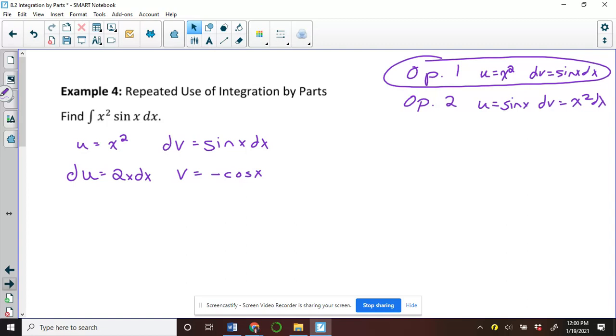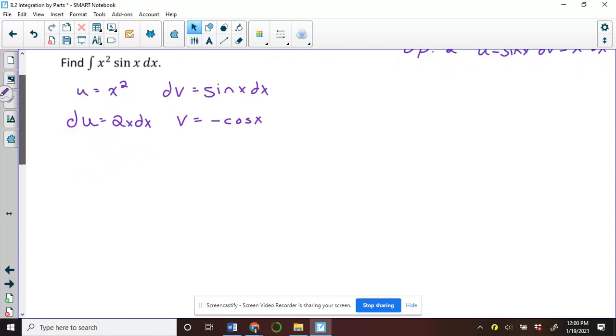Now we have our setup for integration by parts. The integral of u dv is equal to uv minus the integral of v du.